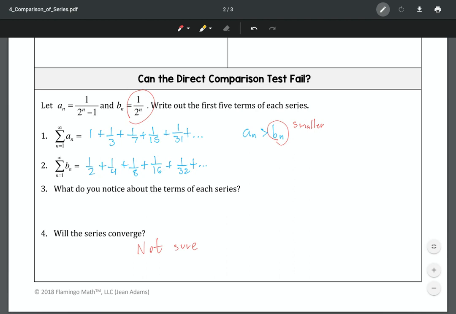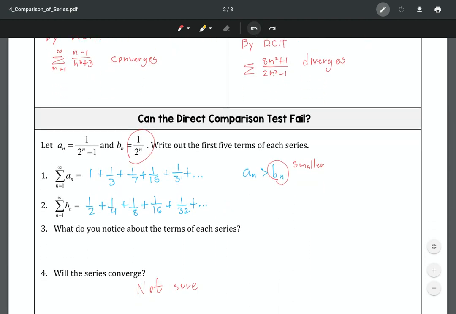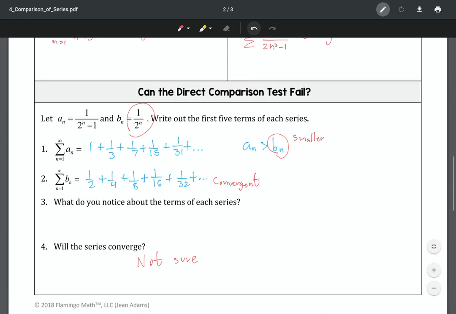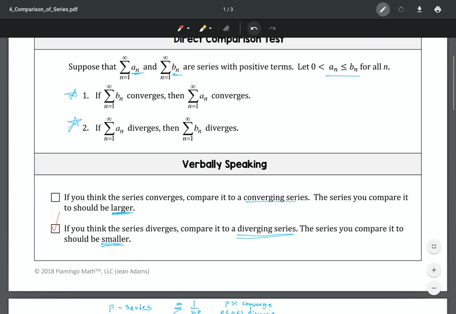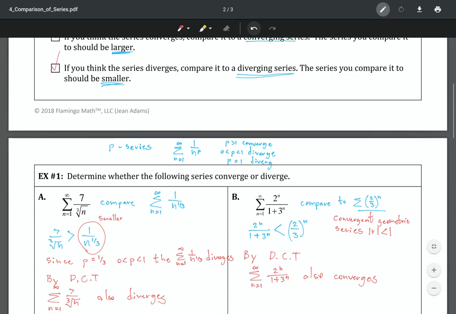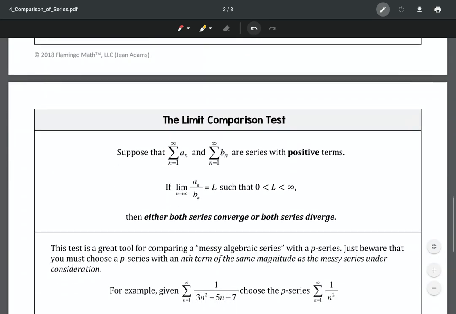Let's say that this was convergent, excuse me. Then, whether the series converges, we're not sure, because that's not how this works. It has to fit into these two scenarios right here, which are the examples that I gave you here. And if it doesn't, then you can't really conclude anything, okay?